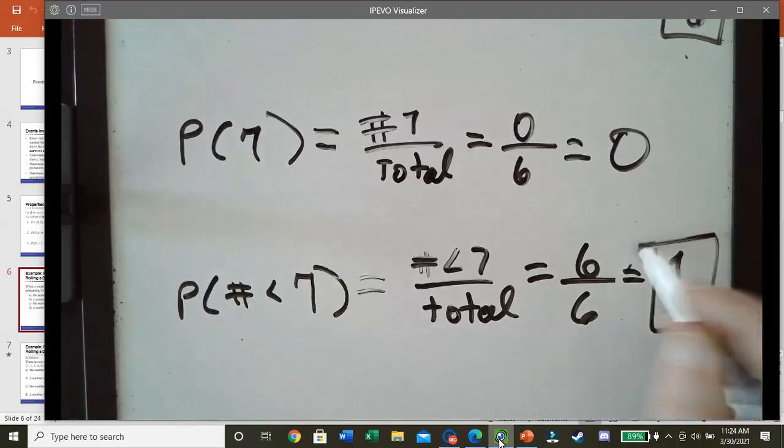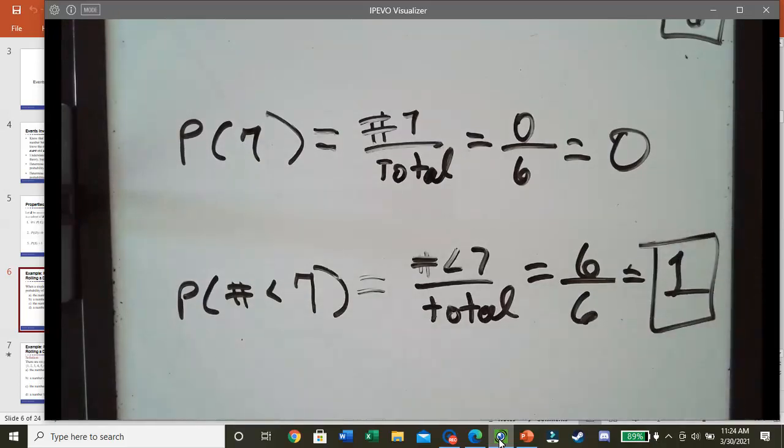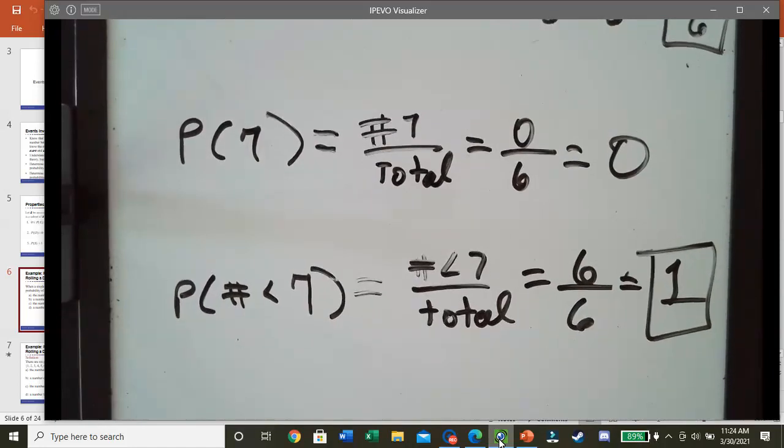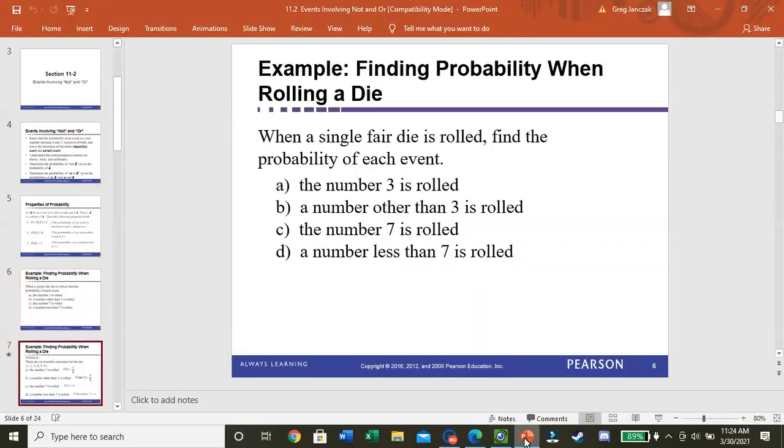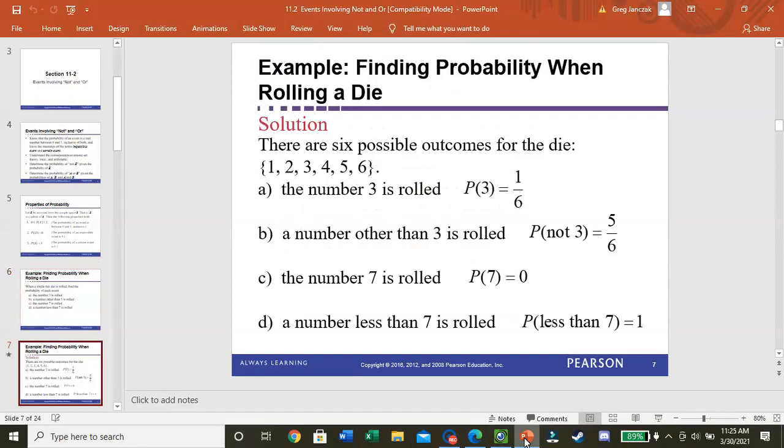And so that makes it certain that you're going to roll a number less than 7 on a single die. Okay? Questions with that? All right. Okay, so that's all that.